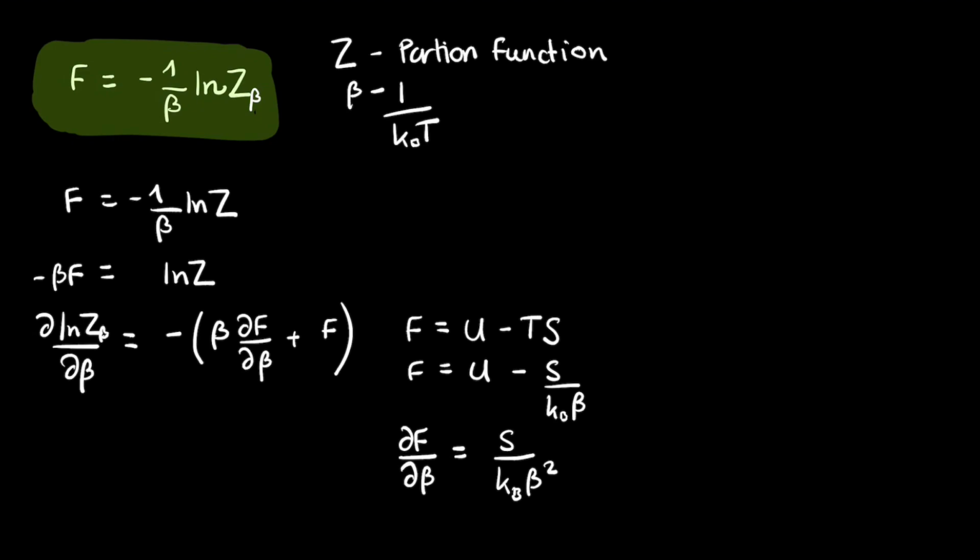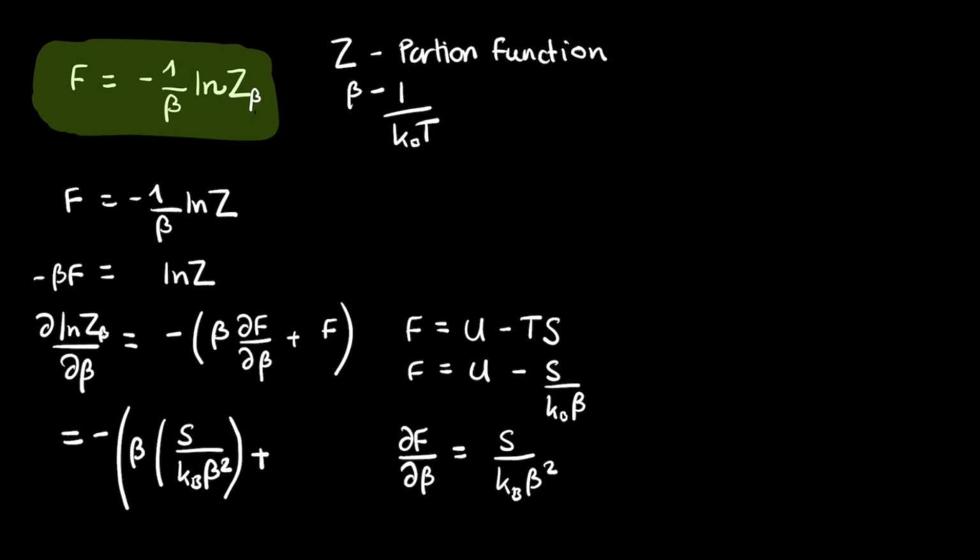So let's go ahead and substitute all this in here. So we've got minus beta. Here's our first beta. What's dF by d beta? Well, that was just S over kB beta squared right there. And you can see that one of these betas is just going to cancel.